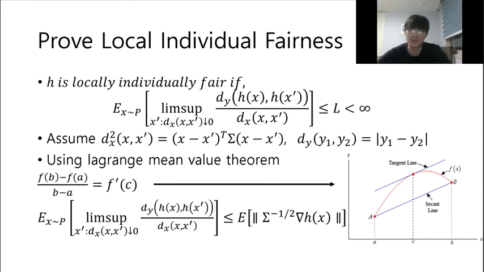The definition of local individual fairness is that we say h is locally individually fair if equation 1 is satisfied. Equation 1 is this equation, and the difference in the term local is that individual fairness must satisfy the equation in the whole region of x, x prime.